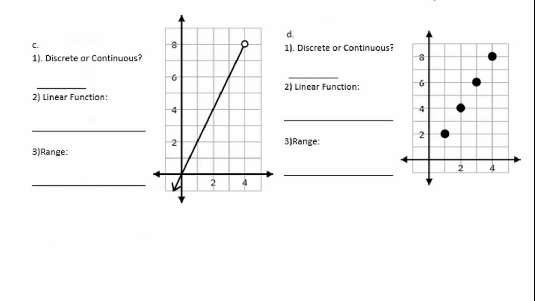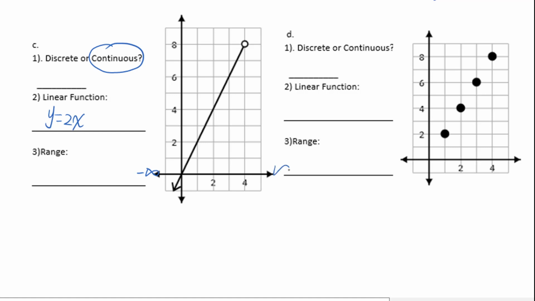Let's go to C. This is still continuous data. Linear function y equals 2x. Look at the domain. This is negative infinity, positive infinity. We don't have a very left point because, look at the arrow, it keeps going forever. So I can write down from negative infinity.